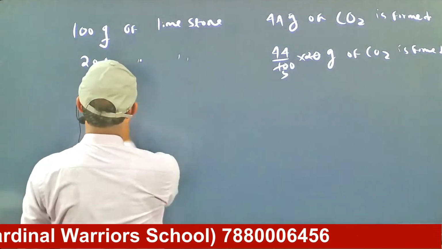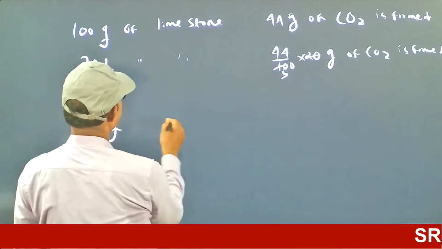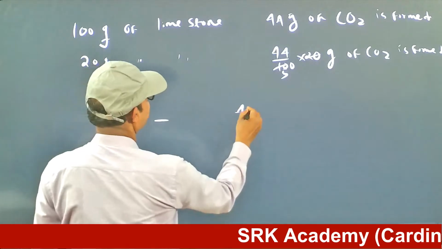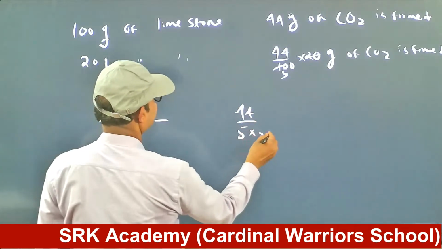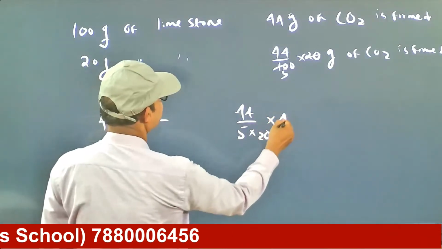4 gram means what? So out of 4 gram, that is 44 upon 5 into 20 into what? Into 4.